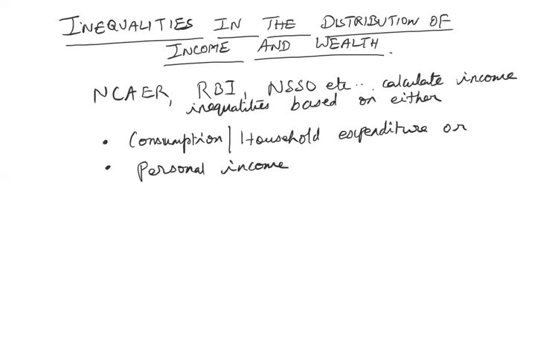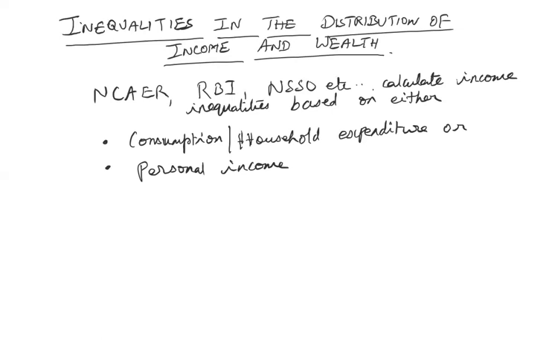Okay. So it is based on the percentage of expenditure incurred by the bottom 20%, the poorest 20% of the population, compared to the top 20% of the population, or the income earned by the top 10% or 20% of the country compared to the bottom 10% or 20%.